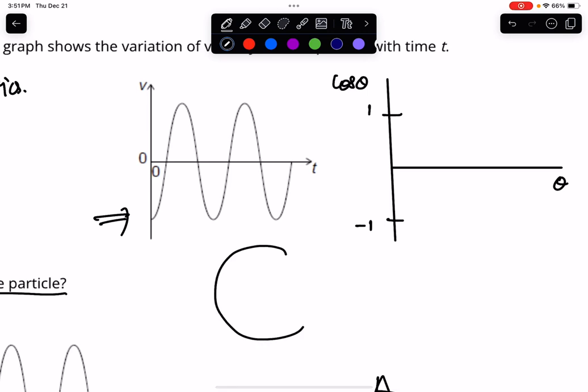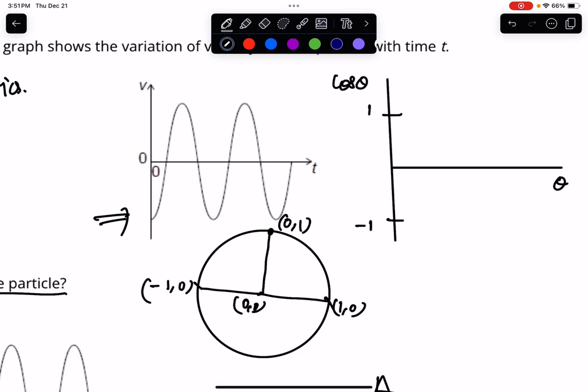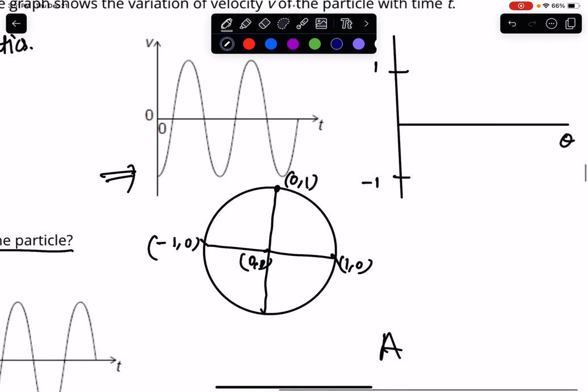And you should have a good grasp of the unit circle. If you draw a unit circle over here, then this is 0, 0, and this point is 1, 0. This point over here is 0, 1. This point is negative 1, 0. And this point is 0, negative 1. So this is the unit circle.